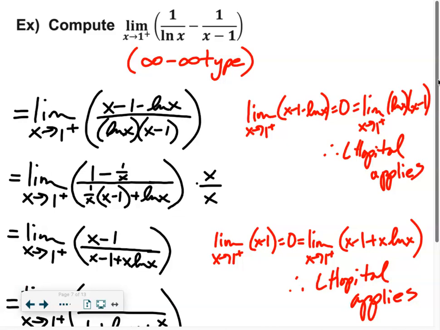As x approaches 1 from the right, the closer your value of x is, if you plug in 1.0000001, 1 and 50 zeros and a 1, 1 and 100 zeros and a 1, and you take whatever value you get from this minus whatever value you get from this, you're going to end up with a half.